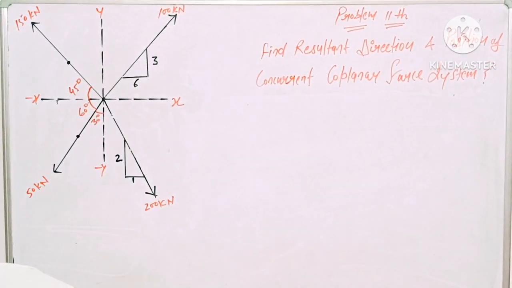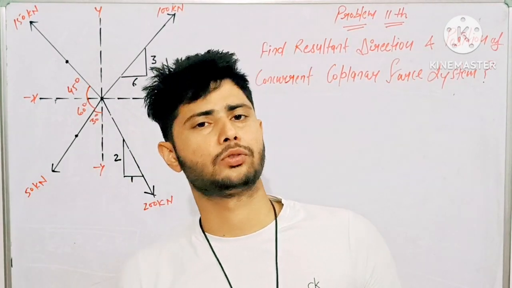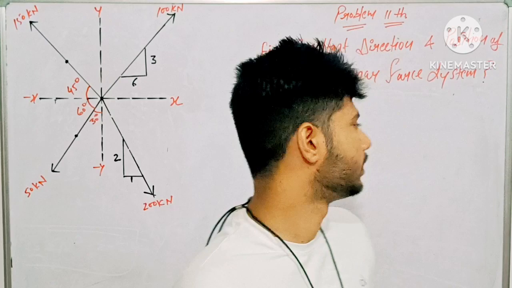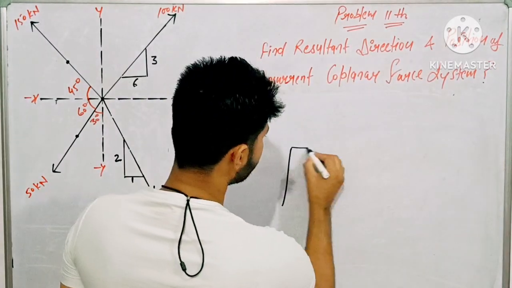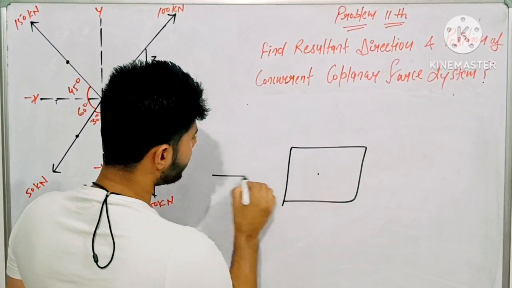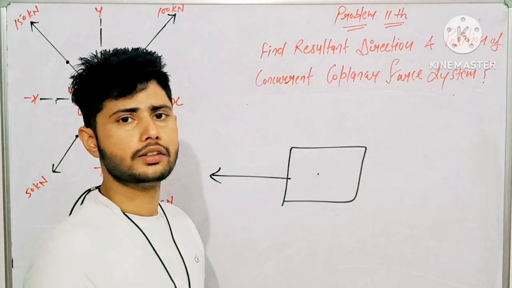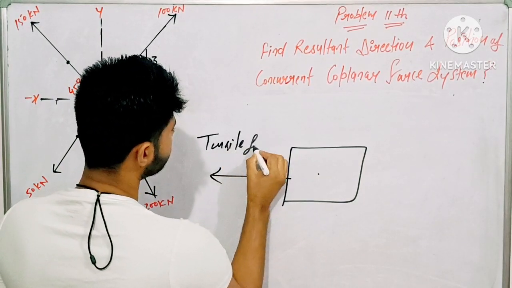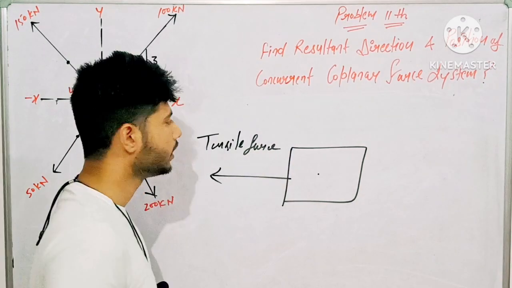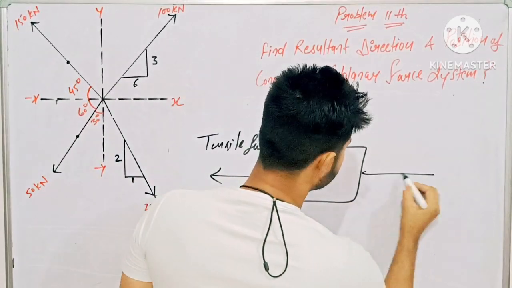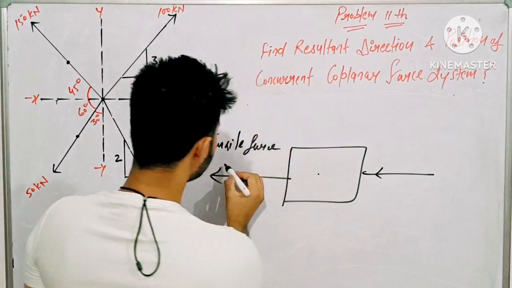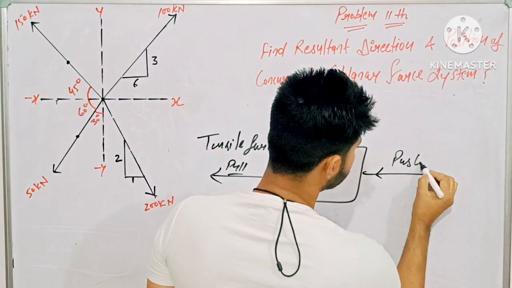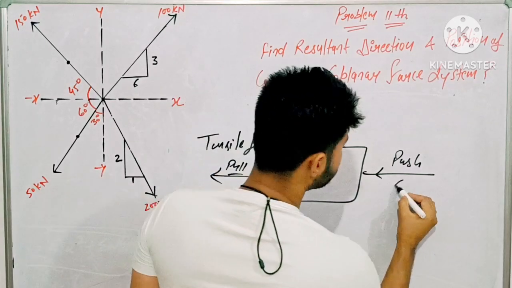Next, what is force? If you want to pull an object, then you are applying a tensile force. Generally we have three types of force. If you want to push, this is pull and this is push, then you are applying a compressive force.